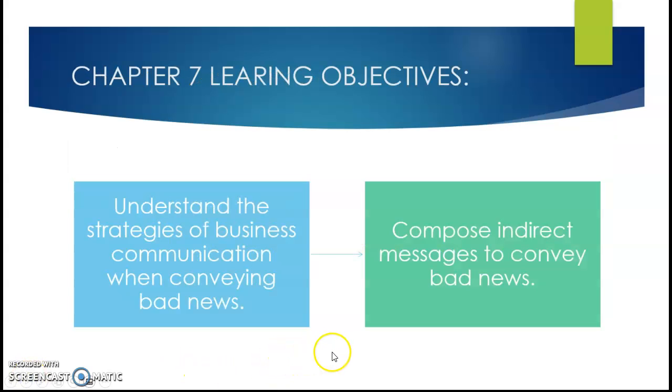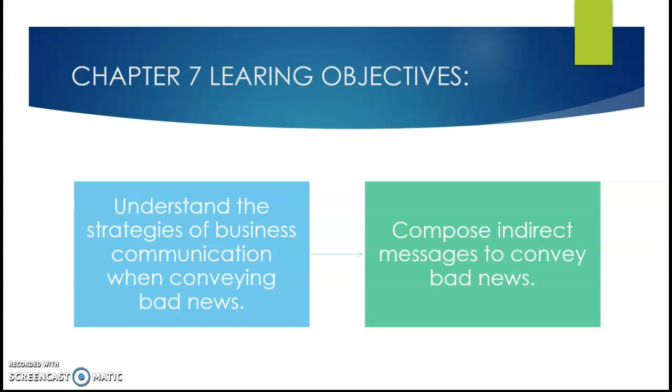Okay, so that is chapter 7, 2 simple learning objectives. Understand the strategies of business communication when conveying bad news. That's where we talked about the psychology, using Bill, big idea a little later. And when it's appropriate to use Bill, when we know the information is upsetting or it's going to catch somebody off guard, or we need to promote future business.